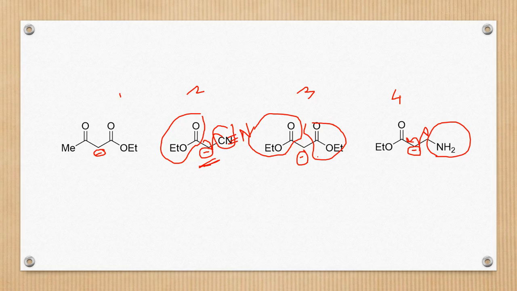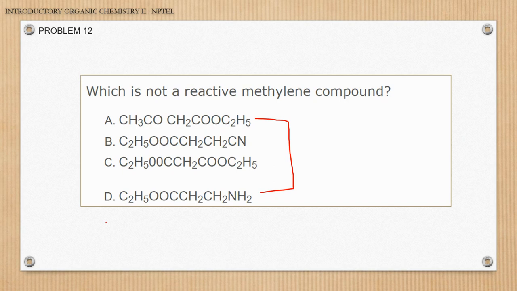But when we talked about 4, this one is an electron withdrawing group, but this amine is not an electron withdrawing group. So that is why we are saying that it is not a reactive methylene compound. So, which is not a reactive methylene compound, guys? Which option is right? So, D option is the correct one.